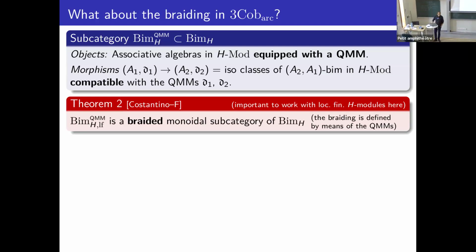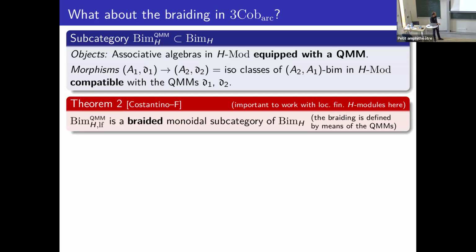Let's say I start with a ribbon category, which is Vect, H is equal to C. Effectively, you see nothing there. The quantum moment map in the case of Vect gives nothing. Can you give some simple example?